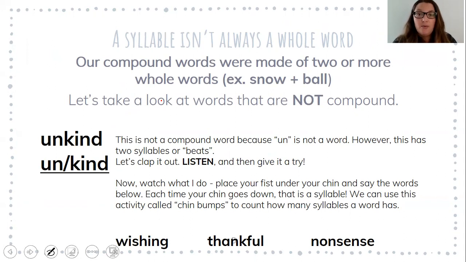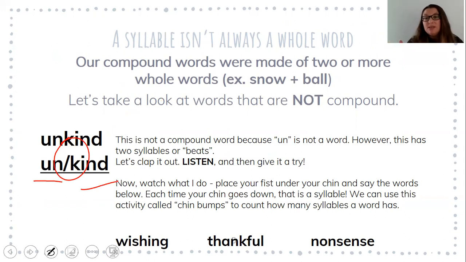So remember that a compound word is made up of 2 different words that are combined to make 1 word, okay? Now, if you have the word unkind, it's 2 beats. So if you clap it, unkind, you hear it twice, okay? So that's why we have our 1 syllable slash, because it's a 2 syllable word.